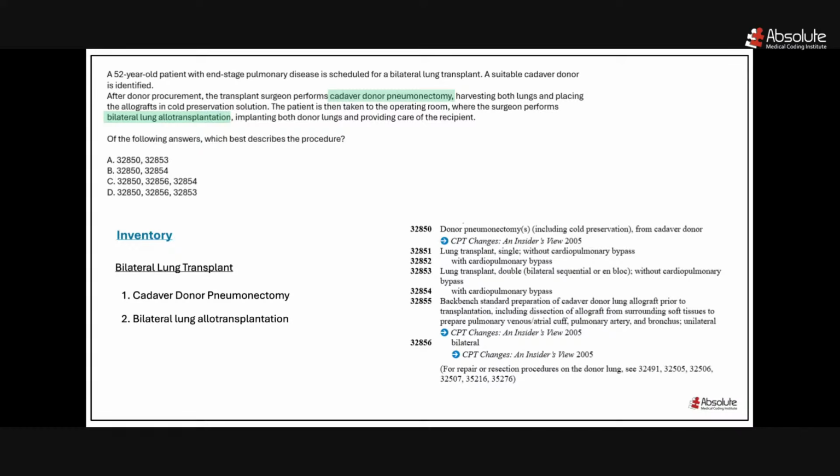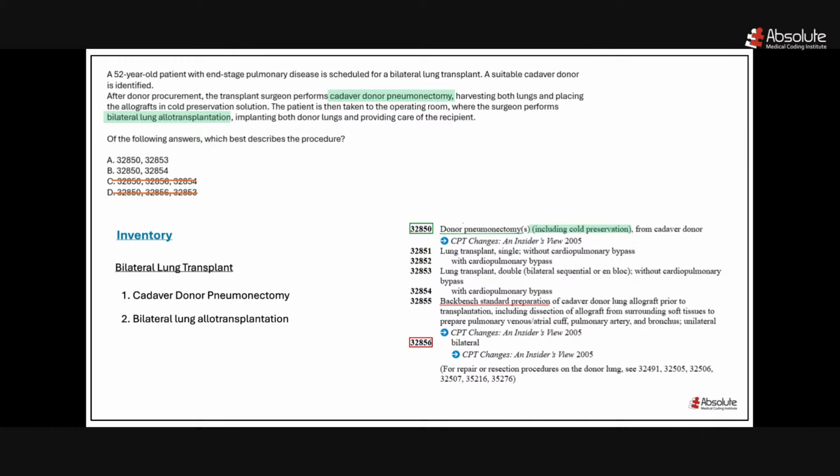That's why I put in the banner: be a forensic coder. Sometimes you might miss something. So 32850 is coding for a pneumonectomy, including your cold preservation, so that is included in the pneumonectomy procedure. And then we have 32856, which is for backbench work. It was not done, so I can eliminate option C and option D straight away. No backbench work was done.